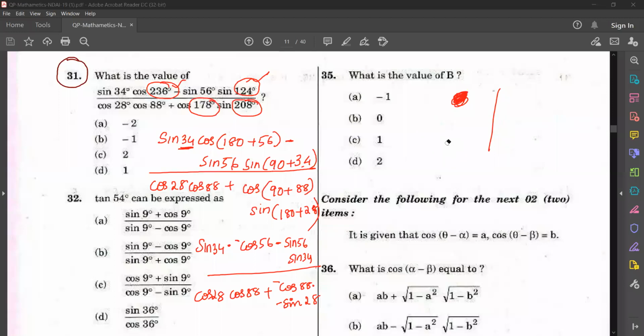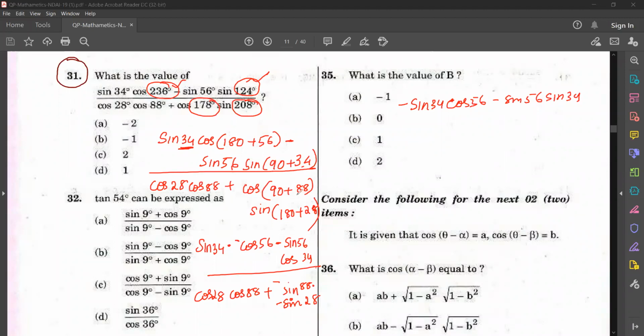Okay. So having found the angles and ratios, I'm just going to modify what I have. I have now minus sin 34, minus sin 34 cos 56, minus sin 56 sin 34. 90 plus means cos will become sine, sine will become cos.